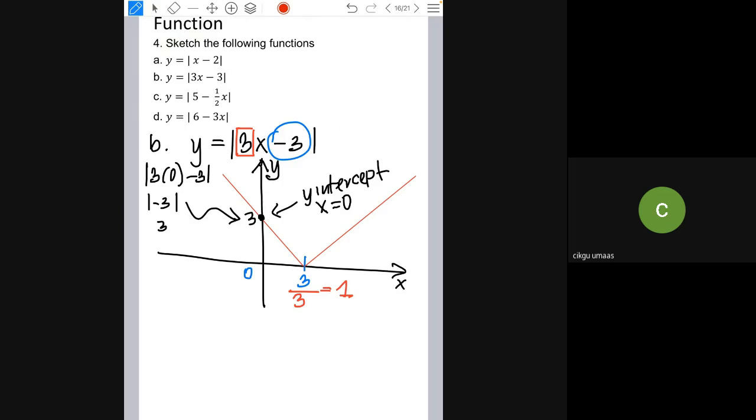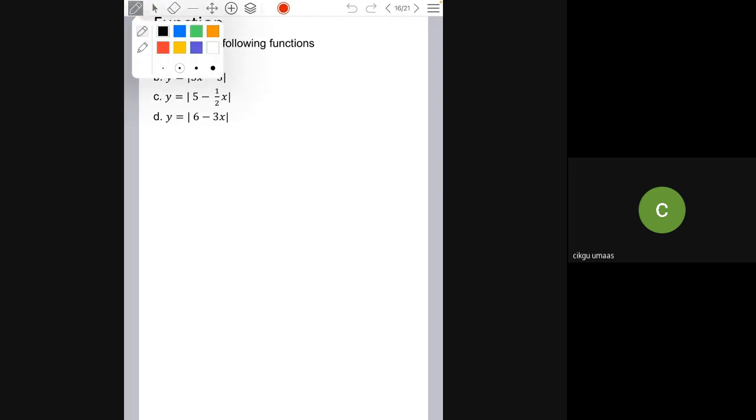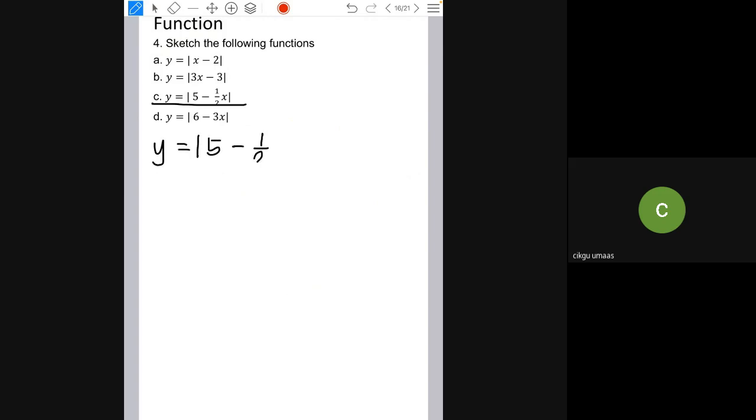Okay. All right. I'll do one more. Same thing. Now, how do I sketch this graph? y equal to modulus of 5 minus 1 over 2x. For me, I just look at this. It is still minus. So if it is minus, my graph will move to the right 5, because 5 is the one without the x.